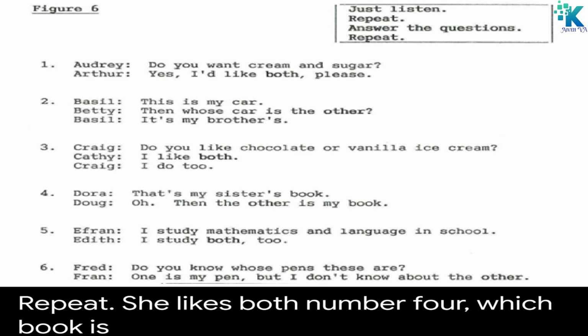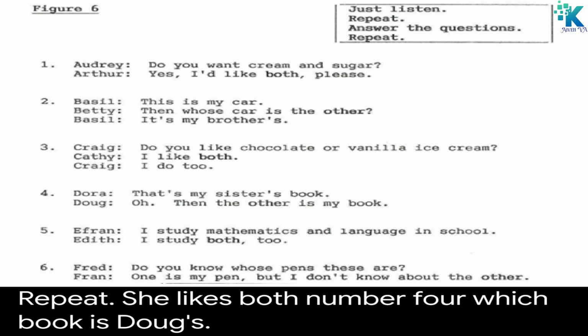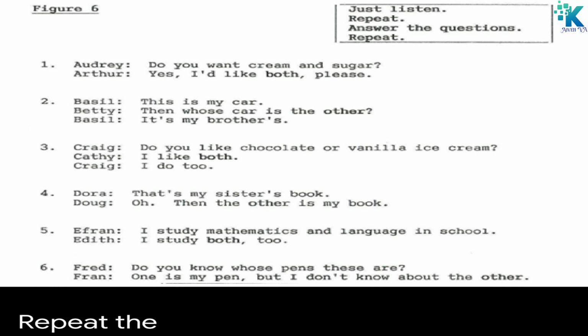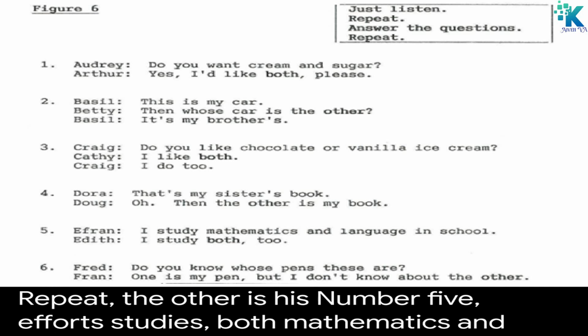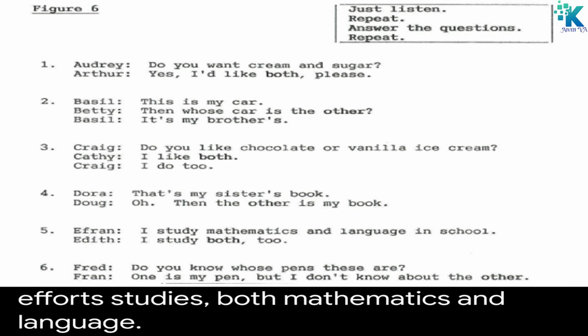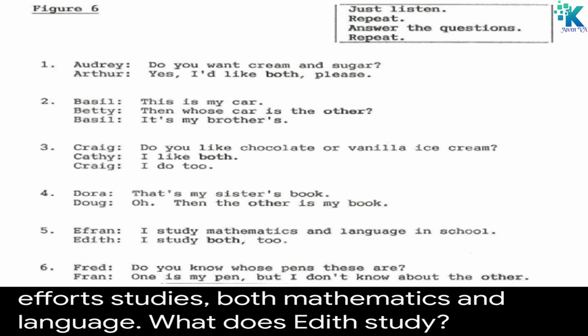Number 4. Which book is Doug's? Repeat. The other is his. Number 5. Ephraim studies both mathematics and language. What does Edith study?